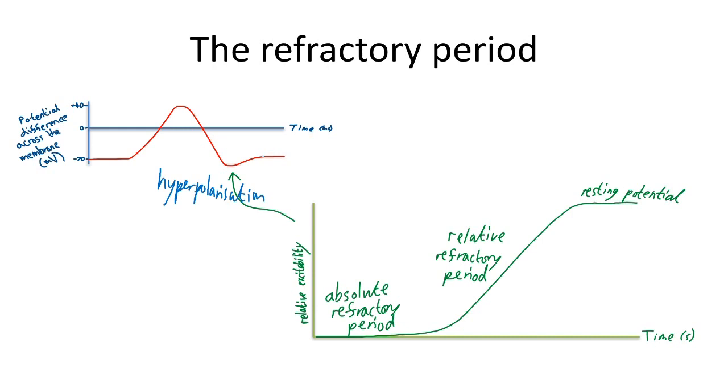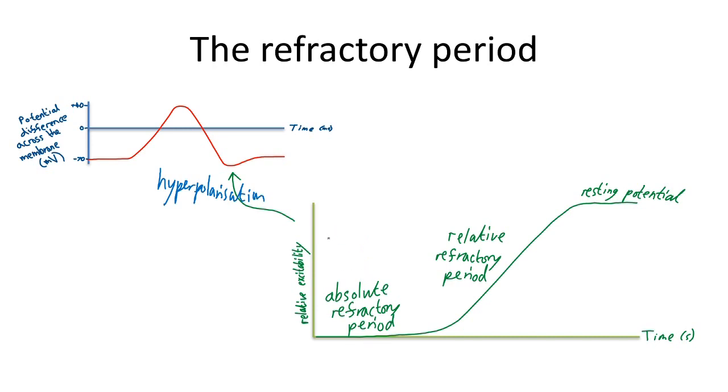Now, when the membrane is hyperpolarized, the membrane is less permeable to the sodium and potassium ions. So if we zoom in on this phase of the hyperpolarization as it's returning back up to the -70, there is a period of time immediately after the previous action potential where you absolutely cannot send another action potential along this neuron. That's called the absolute refractory period.